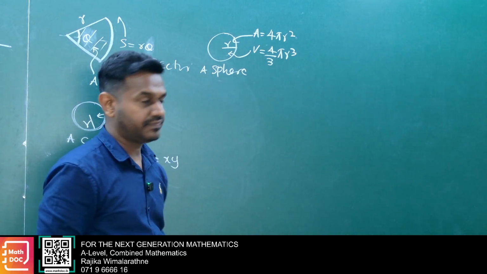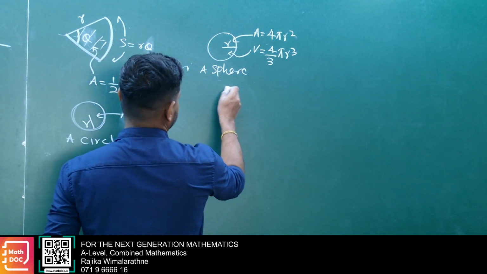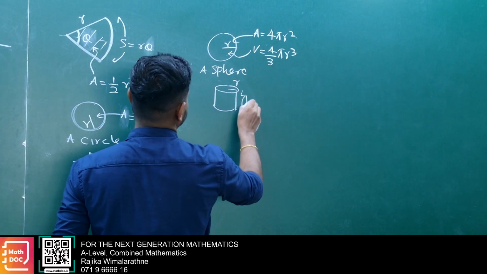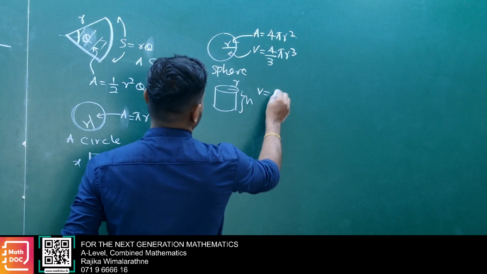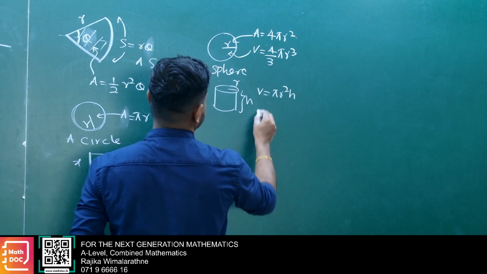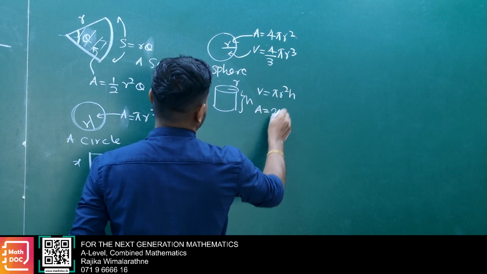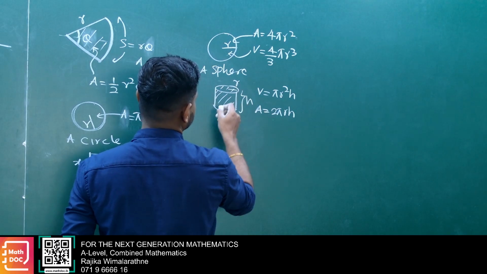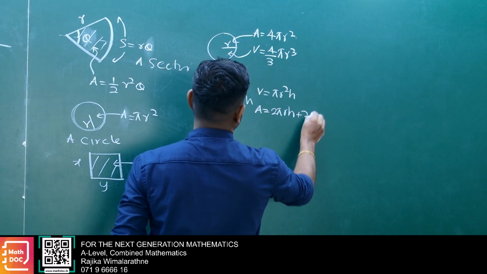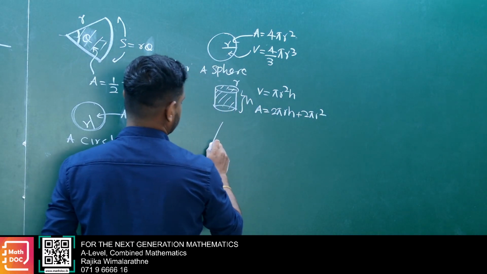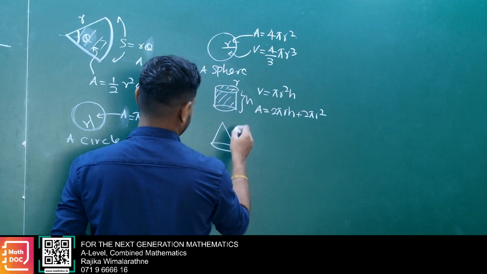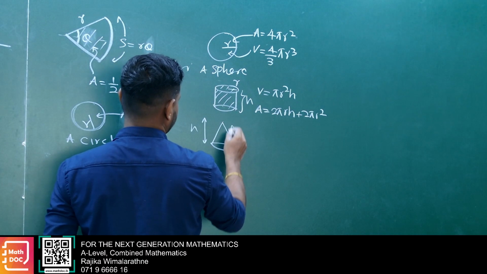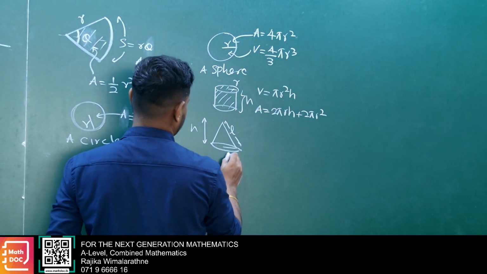Now a cylinder, radius r, height h. Volume is pi r squared h, curved area is 2 pi r h, and pi r squared twice for the ends. And here a cone, height h, slant height L, radius r.